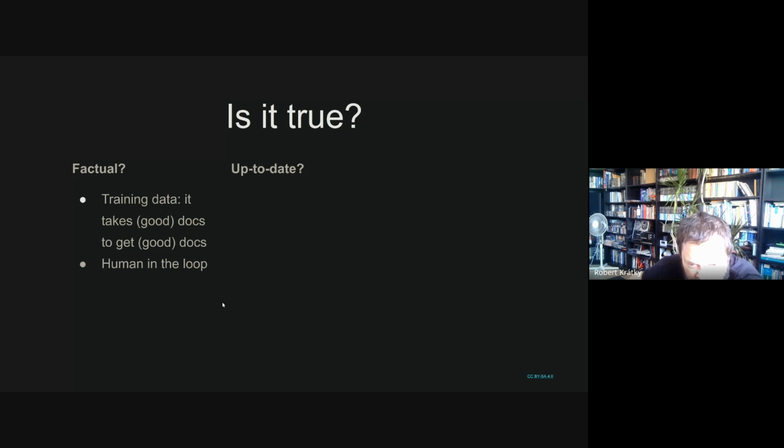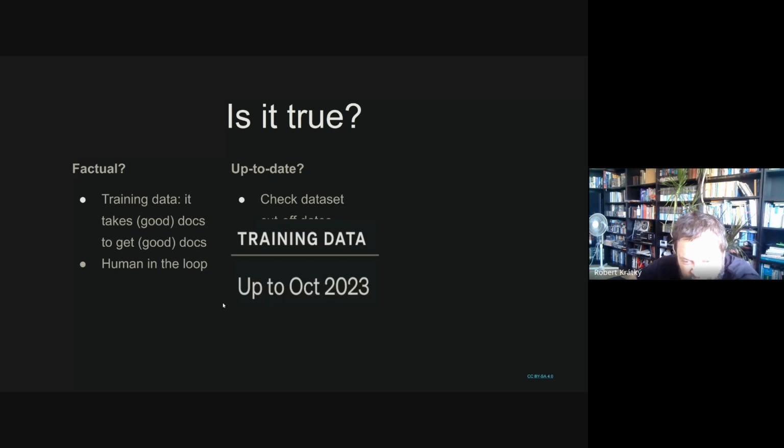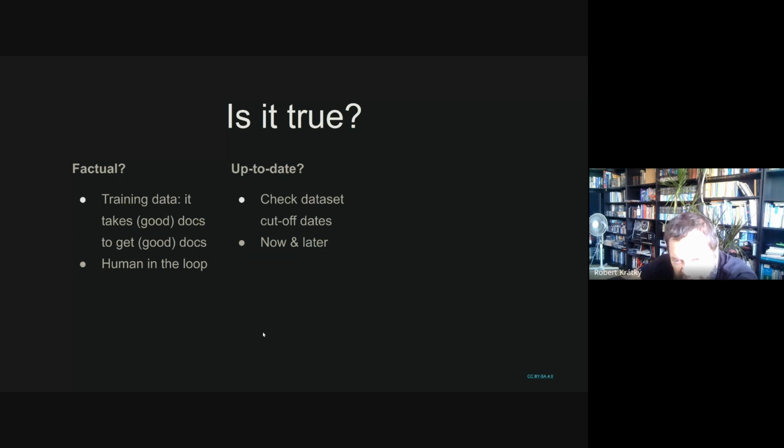And again, ChatGPT would tell you that its training data set only goes up to October of last year. So, if there was a piece of software that was released after that, chances are that the documentation that ChatGPT is going to provide you with about that particular piece of software is not going to consider that new version. But that's understandable, and you can keep it in mind, but it's an important consideration.